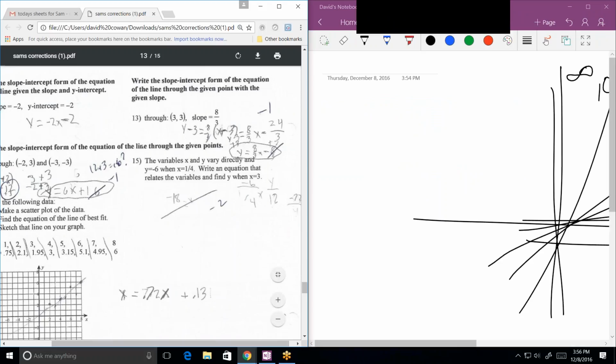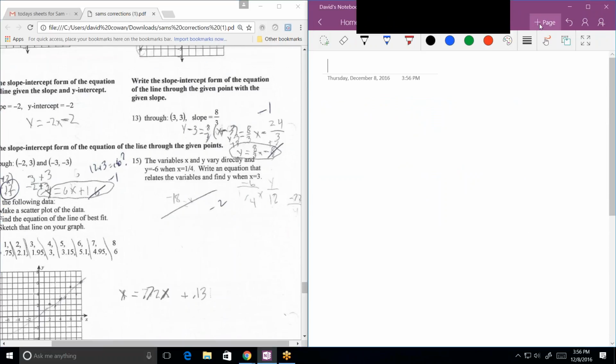On 13, they want the slope-intercept form of the equation that goes through a given point with a given slope. There is no question in algebra that is more common than this, where they give you a point and a slope.